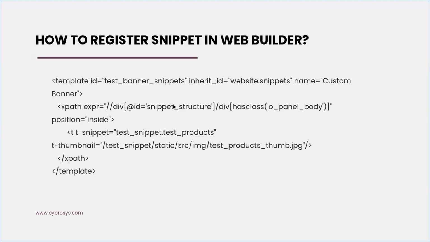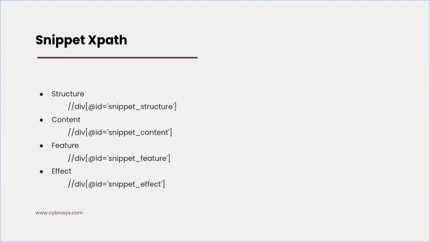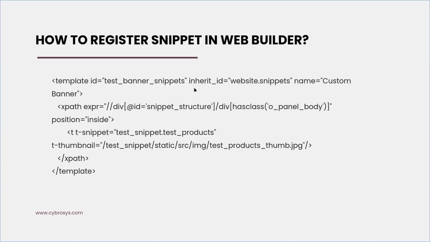we can provide snippet_content. Here this is the XPath structure: snippet_structure for structure, inner for inner content, snippet_content for content, snippet_features for features, and for a dynamic snippet we can provide snippet_effect.